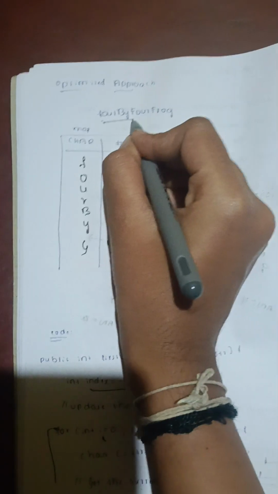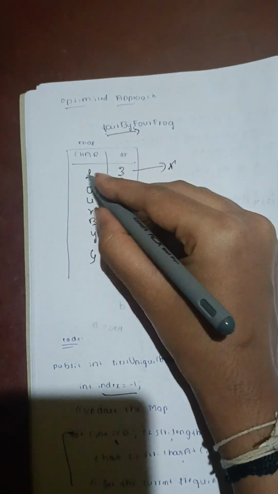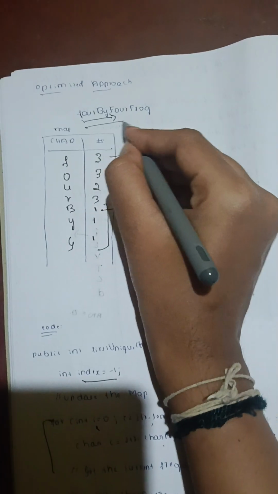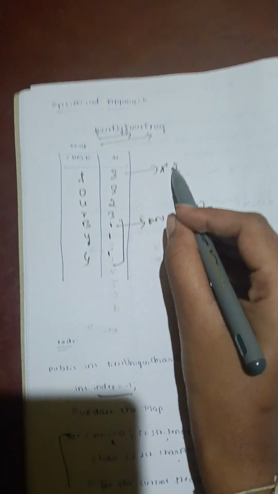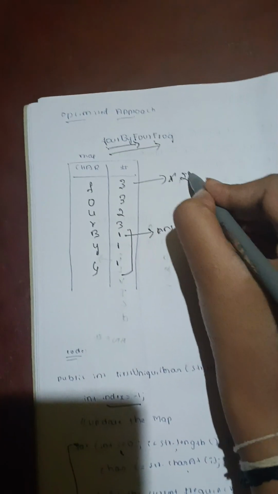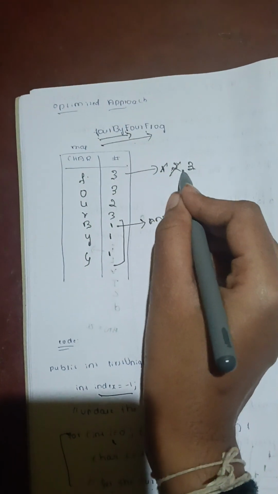Then moving ahead, you find F again, so 1 is updated to 2. Then you traverse again, you find another F, so update it again. So the final frequency of F is 3.